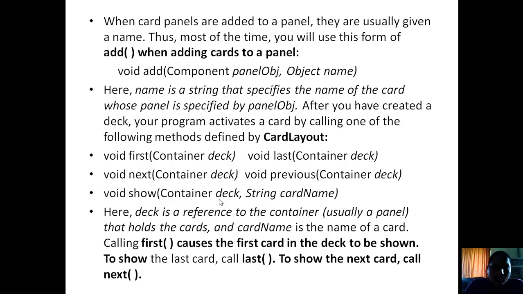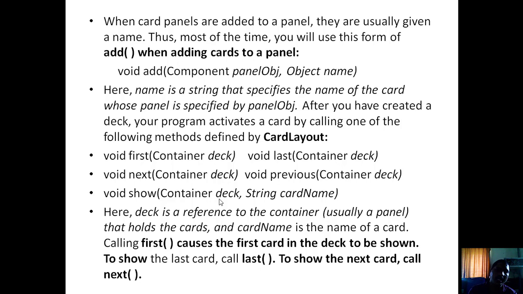Calling the first method causes the first card in the deck to be shown. To show the last card, we need to call the last method. To show the next card, we need to call the next method. To show the previous card, we need to call the previous method.